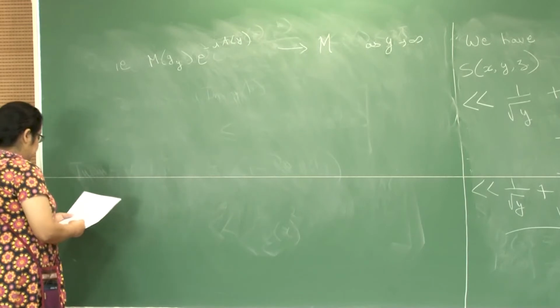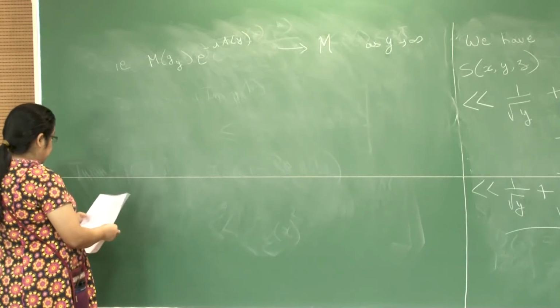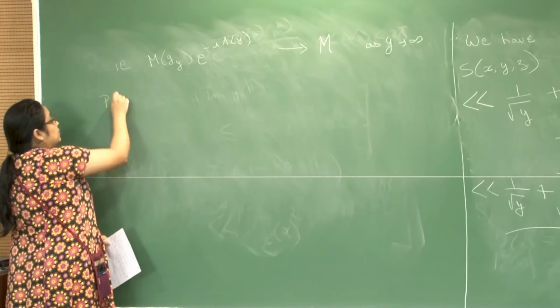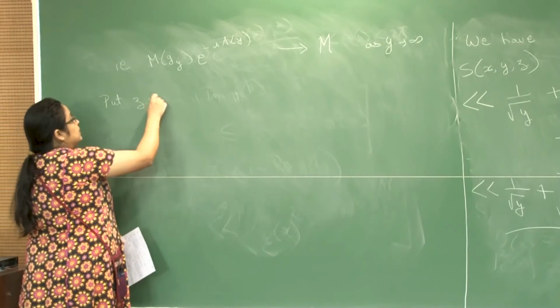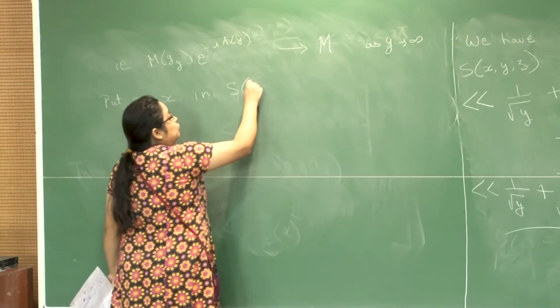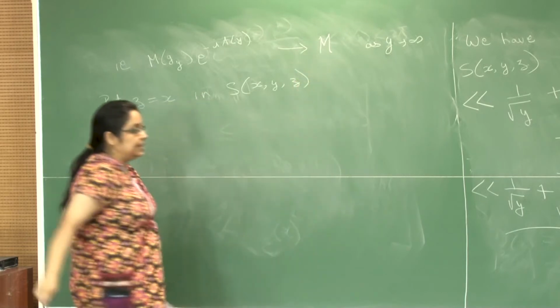So that tells you another thing: notice we put z equal to x in the inequality that we obtained for s x y z.